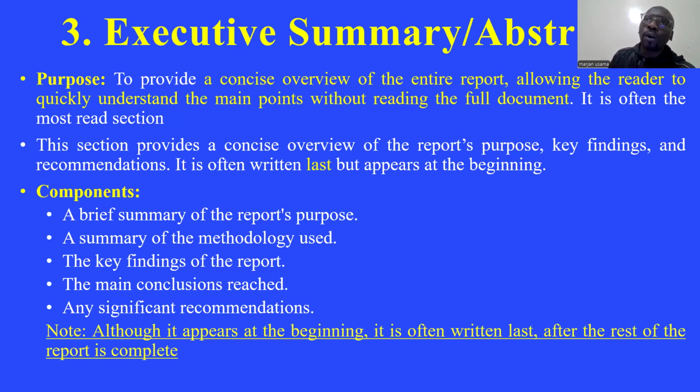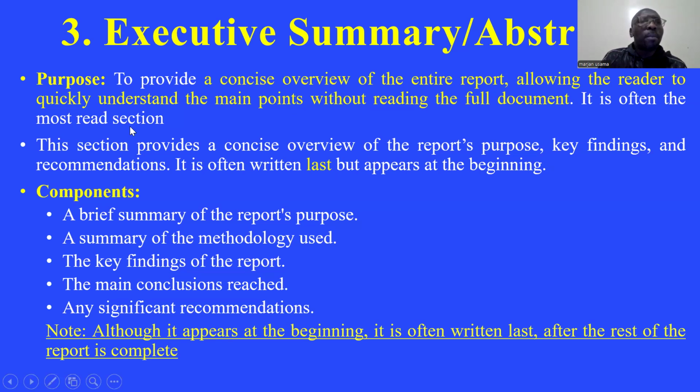If I want to know what this research is about, I will just go to the abstract. In the abstract, I will know the topic of your research, your research problem, your research objective, your research methodology, the significance, the most important findings and recommendations, and so on. So I will just know it from the abstract.